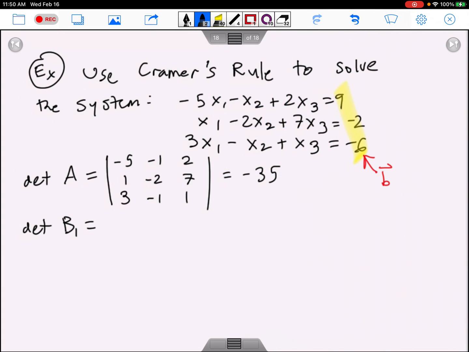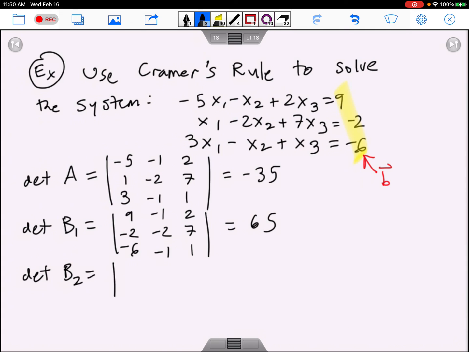So I'm going to replace the first column in this one with that. And I'm going to write the rest of A as is. So -2, -1, 2, 7, 1. And we end up with 65.